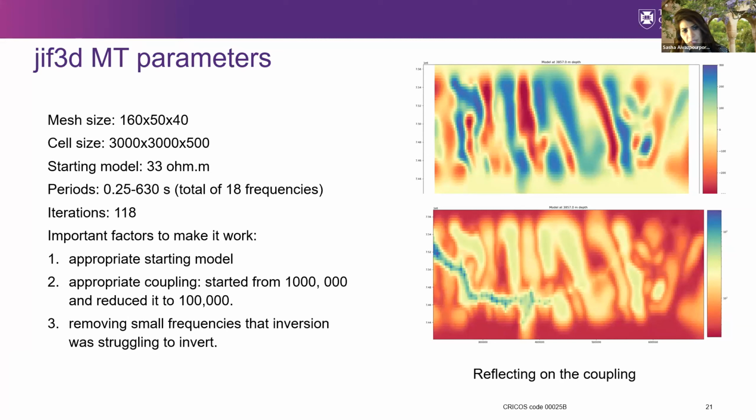The number of frequencies hadn't been many, 18 frequencies, but I think you don't need to basically use 100 frequencies to produce a model. We know that, but it was very, very helpful to get those frequencies out of the way.